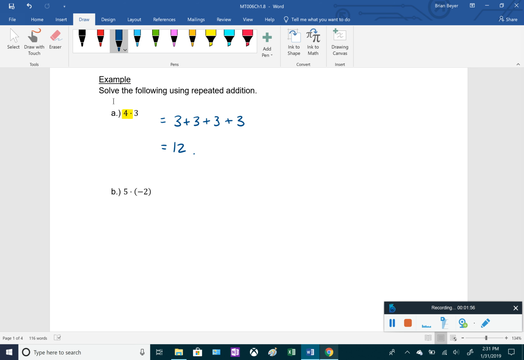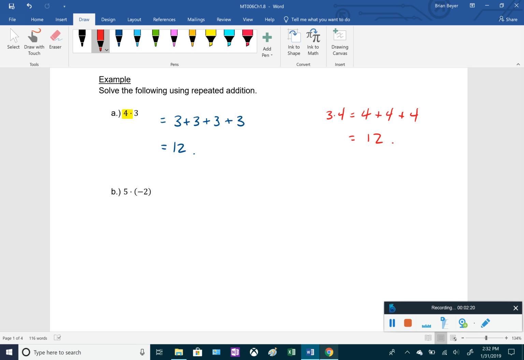I know you're probably thinking, what's the difference if we added 4 together 3 times and did it the other way? Technically, that is different. It ends up being the same answer because 3 times 4 is 4 plus 4 plus 4, which is obviously 12.